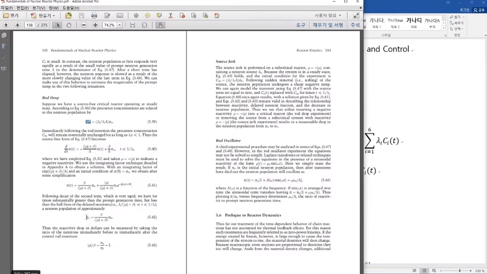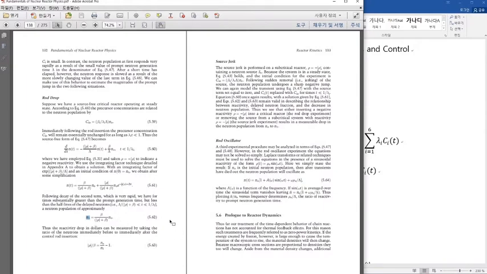With this, what we are able to find is the level of neutron density after the prompt jump compared to its steady state value. Of course, in this case of a rod drop, N1 will be smaller than N0 because we inserted negative reactivity.